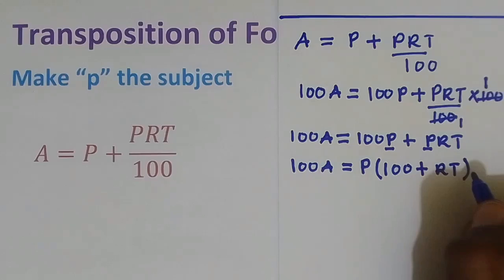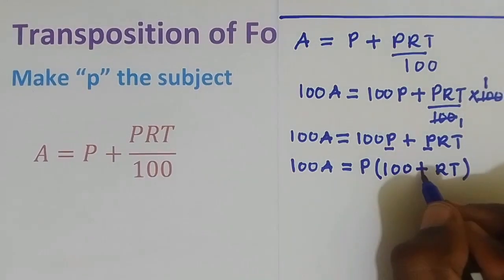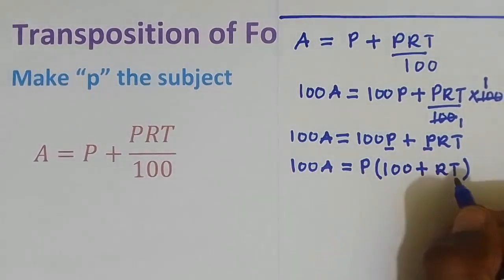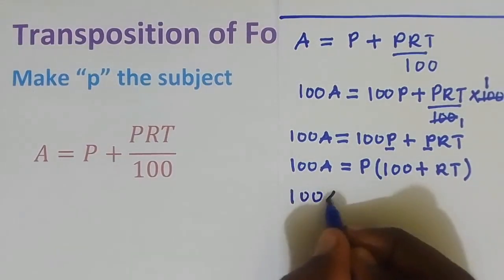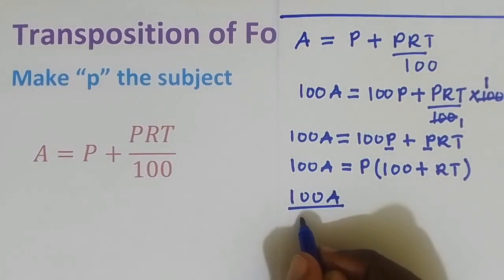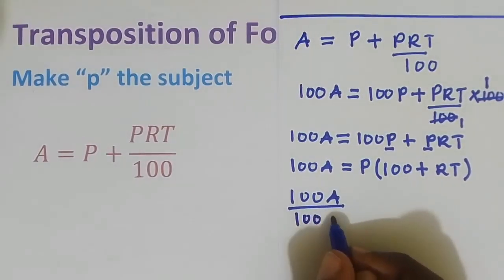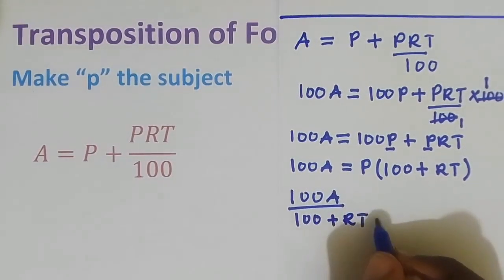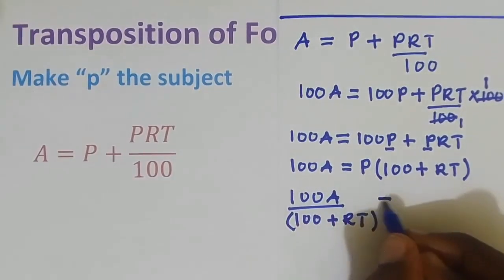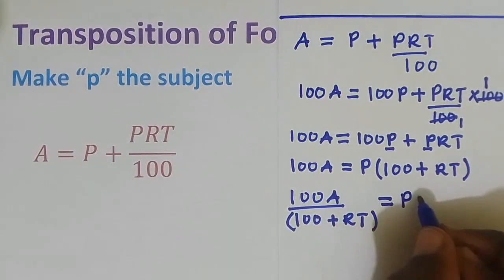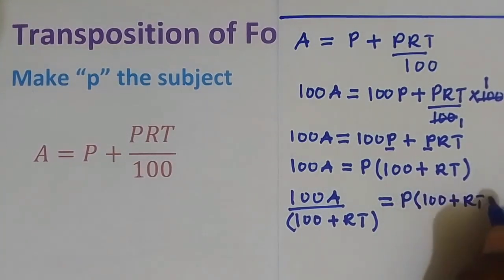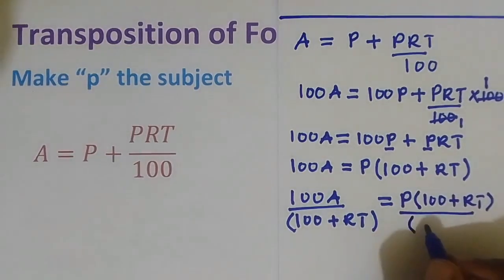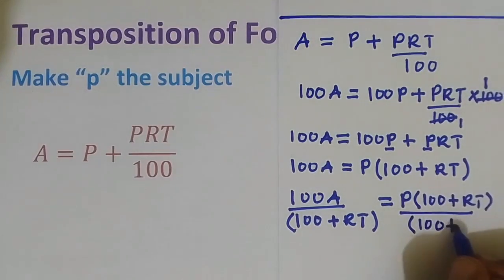At last, I'm going to divide by 100 plus RT on both sides. That is going to be 100A over 100 plus RT, this is equal to P times (100 plus RT) over (100 plus RT).